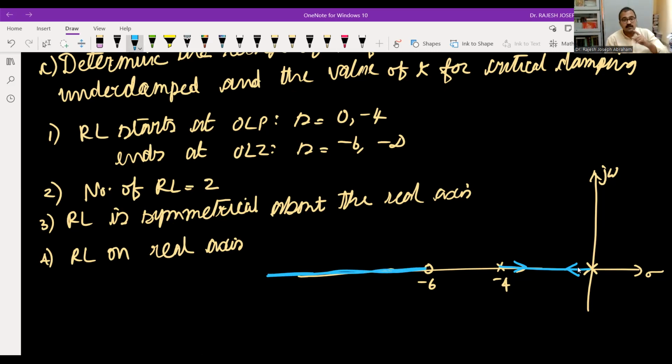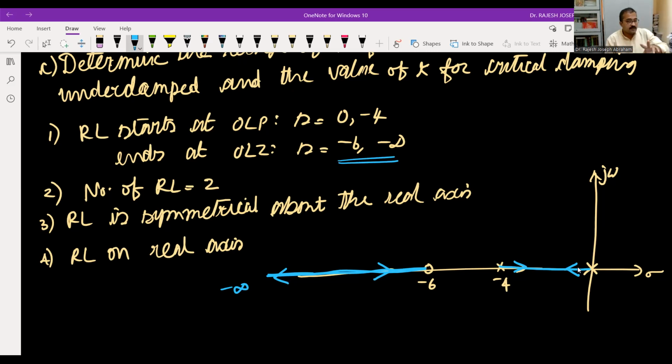Keep in mind, from poles the root locus starts, and at open loop zeros the root locus ends. So one branch will end like this, and another branch will go to minus infinity. Since there is a breakaway point between 0 and minus 4, likewise there is a break-in point between minus 6 and minus infinity. Where are the open loop zeros? They are at minus 6 and minus infinity.